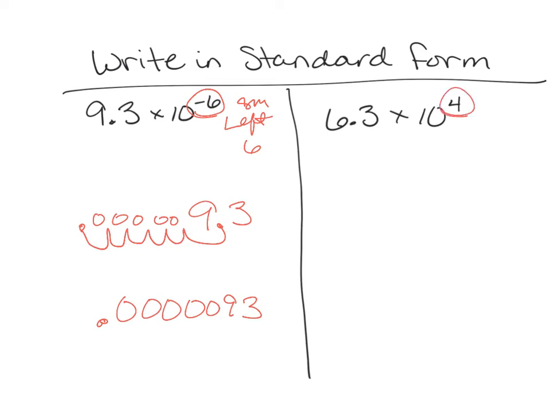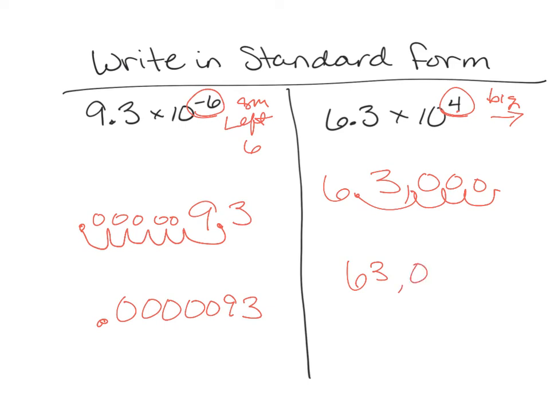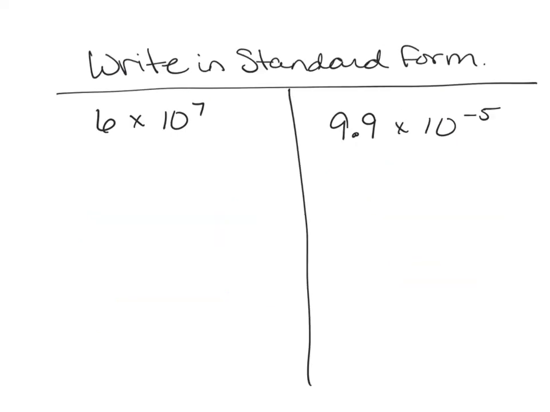Second one, we have a positive exponent, so it's going to be a bigger number. So we're going to go to the right, 6 and 3/10, move it 4 times. 1, 2, 3, 4. So I'm going to put in those zeros. There's where my comma goes. 63,000. Take a moment, pause the video, try these two on your own, and then come back and we'll see how you do.